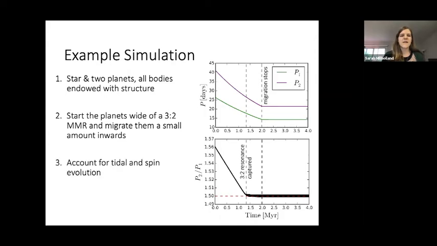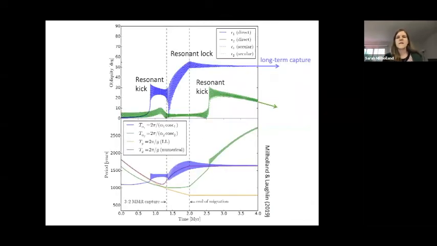And as I stated, I'm going to account for the tidal evolution of the planets as well as their spin evolution. So here is a result of one of these spin-orbit simulations. And there's a lot going on here, so I'm going to try to break this down. The top plot shows the obliquities as a function of time, and the bottom is the precession periods, which is just 2 pi over the precession frequencies.